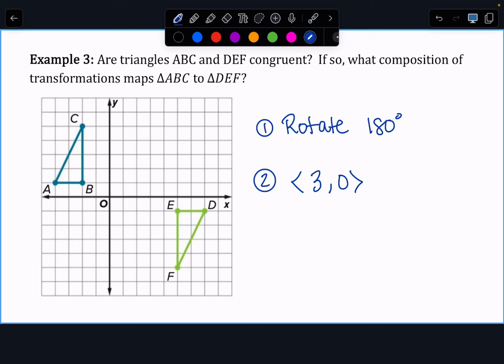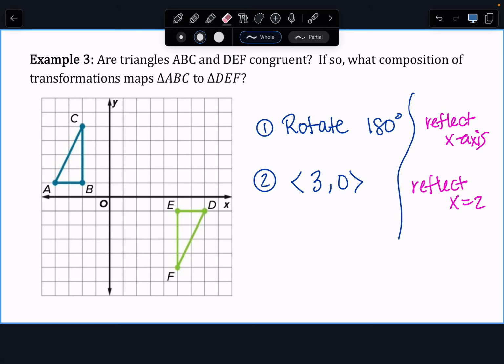Reflect in the x-axis. Reflect in x equals 2. Okay, so you said reflect in the x-axis and then reflect in x equals 2.